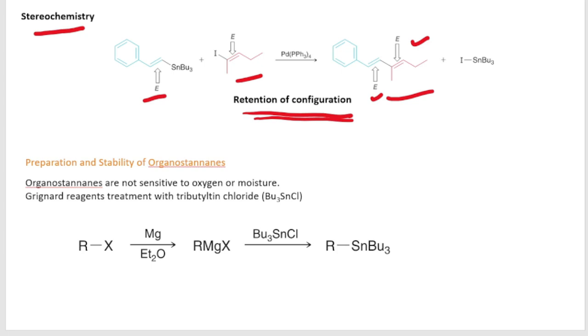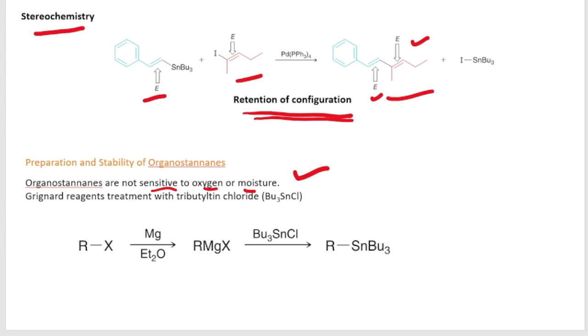And how do you prepare this organostannane compound? The first advantage of organostannane compounds is that they are not sensitive to oxygen or moisture. Like a Grignard reagent, when it finds a little bit of moisture, it reacts with it and gets destroyed.